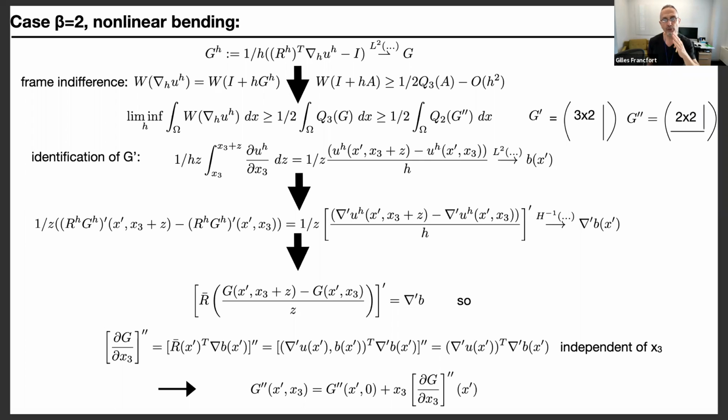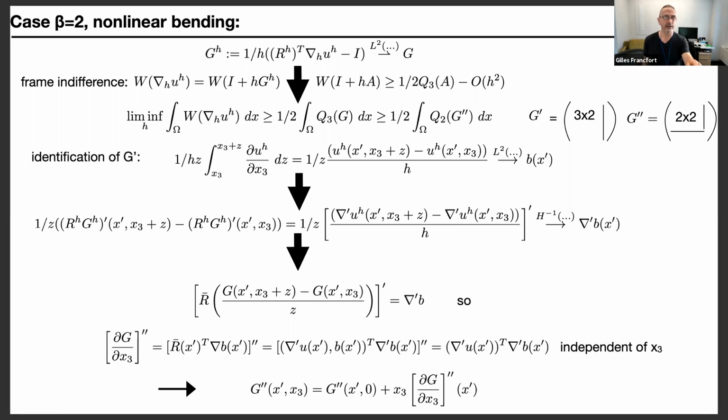But in order to compute G double prime, what we're really going to compute is G prime. What is G prime? G prime is what I wrote. So it's nearly the same as G double prime, but I haven't canceled out the third line. How do we compute G prime?